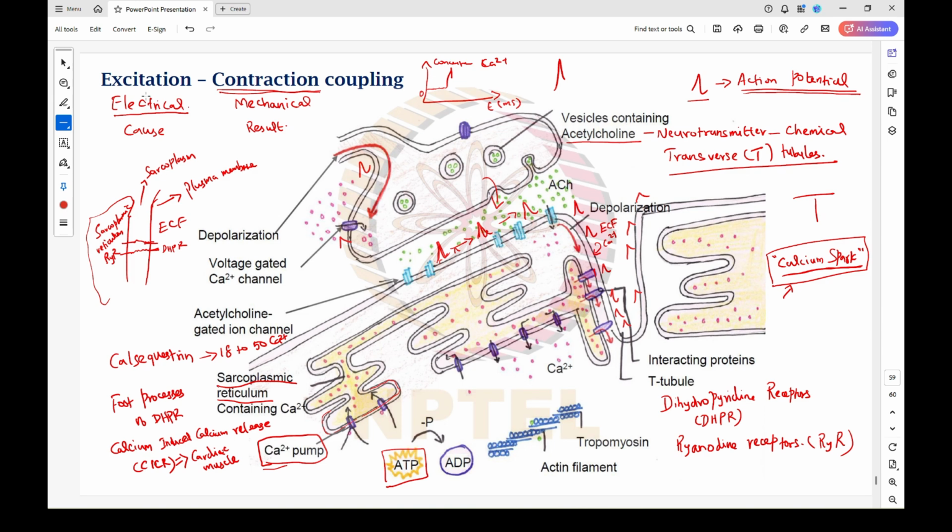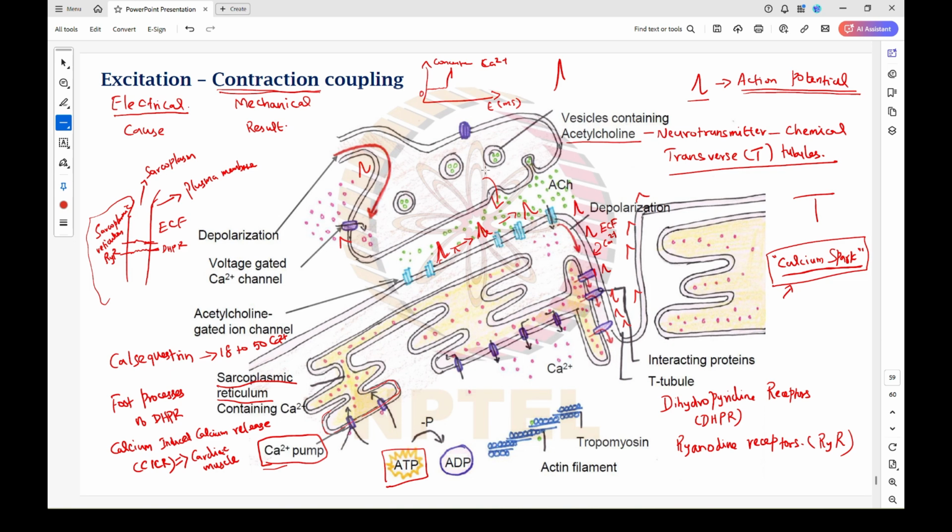So the decision is made somewhere, and the electrical signal is relayed from that position, and the final result is the contraction of the muscle, which is a mechanical event. The process itself is quite complex. There is a depolarization of the junction.